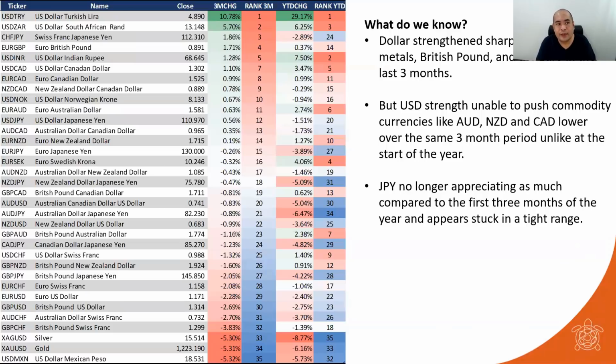What you'll also see in this chart is that if you compare the year-to-date change in your Swiss franc Japanese yen, that pair is down minus 2.89% year-to-date, and it's one of the worst performing pairs this period.